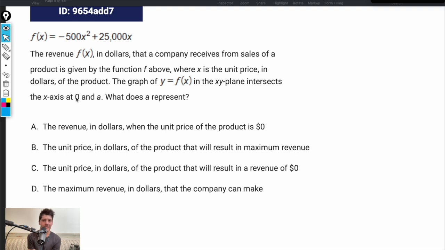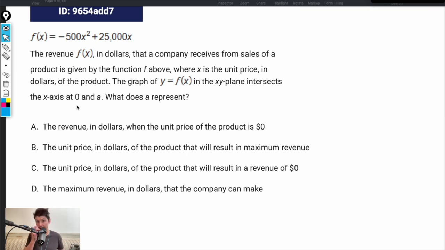F of x is equal to negative 500 times x squared plus 25,000 times x. The question says the revenue f of x in dollars that a company receives from sales of a product is given in the function f above, where x is the unit price in dollars of the product. The graph of y equals f of x in the xy plane intersects the x-axis at 0 and a.